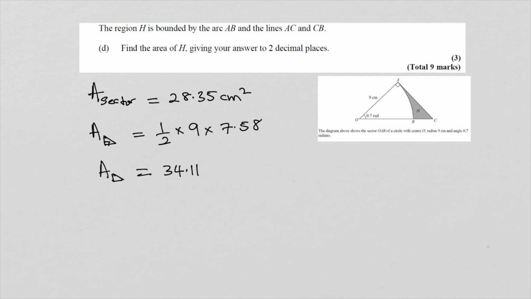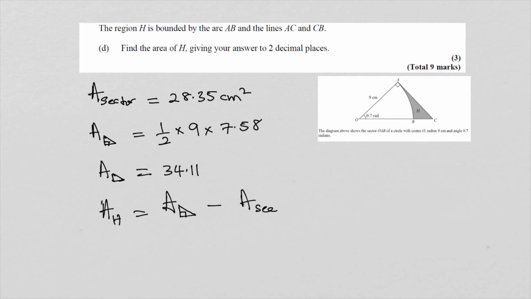Now the area of H will be the area of the right angle triangle minus the area of the sector.